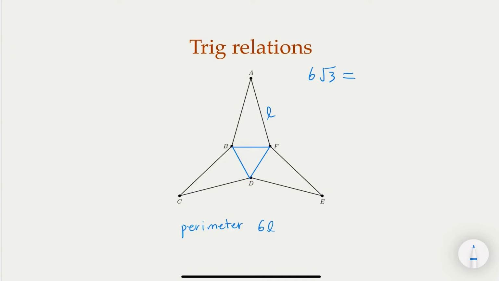All right, so this area is equal to three of these shapes here with 30 degrees, so 3 times the area of ABF, plus the area of BDF.